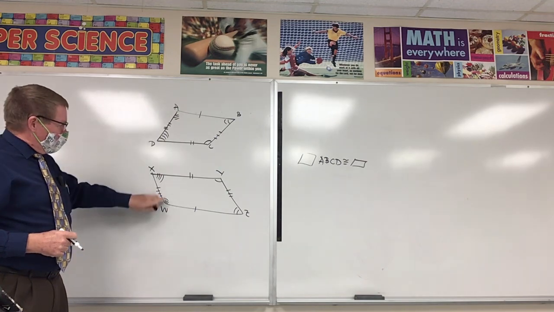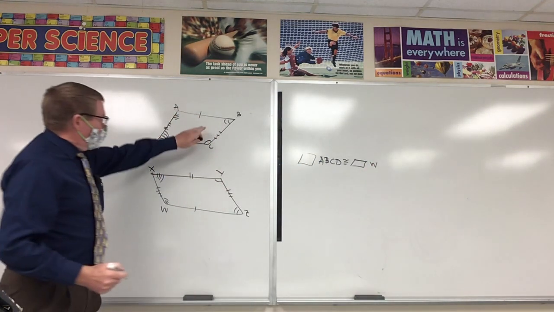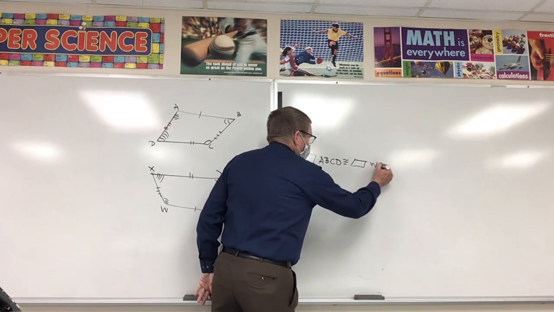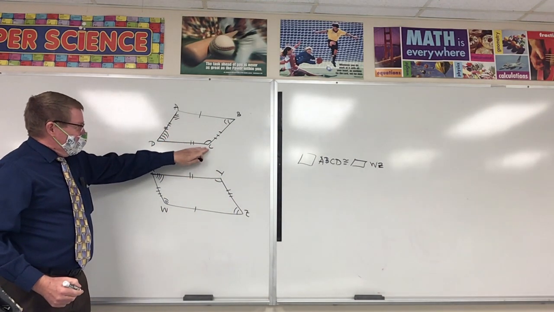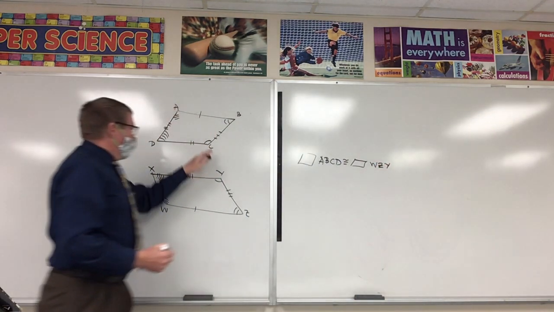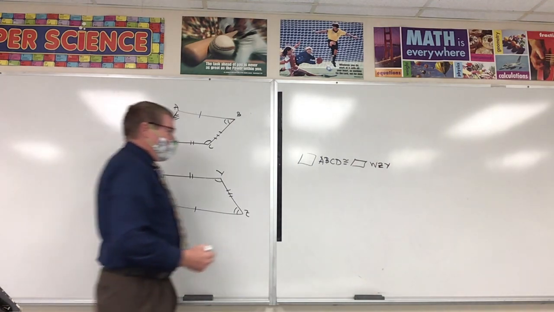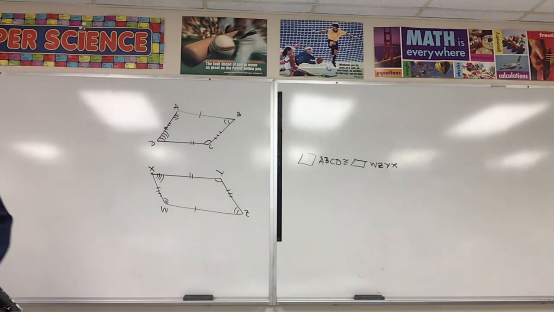And A has 3 marks, so that's W. Whatever corresponds to B goes next, that is Z. Whatever corresponds to C goes next, that's Y. And whatever corresponds to D goes next, and that's X. And that is the way you need to write the congruent statement, with all the corresponding parts matched up.